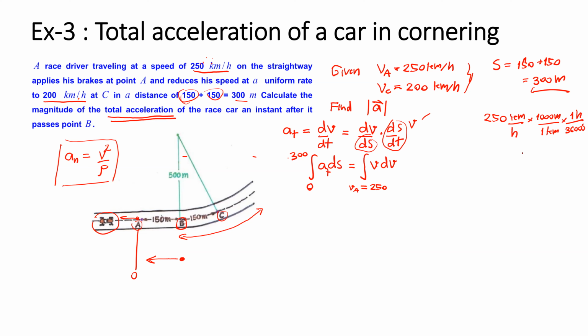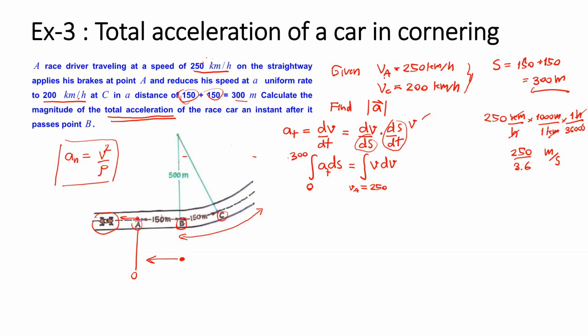which means that 250 kilometers per hour should be divided by 3.6 so that we can get meters per second. We need to divide by 3.6.